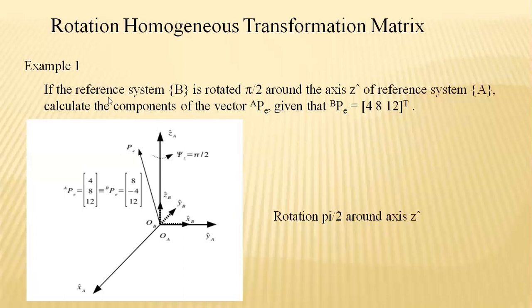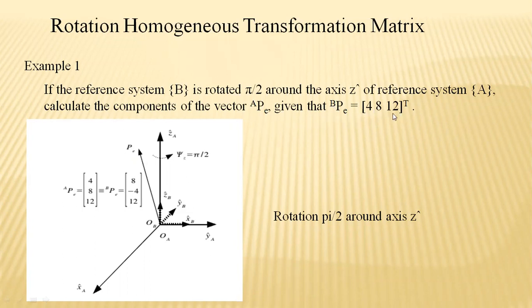See here, if the reference system B, that is plane B, is rotated pi by 2 around the axis z of reference system A, calculate the component of the position vector from A to the end point, given the point with reference to the base frame up to the end point.